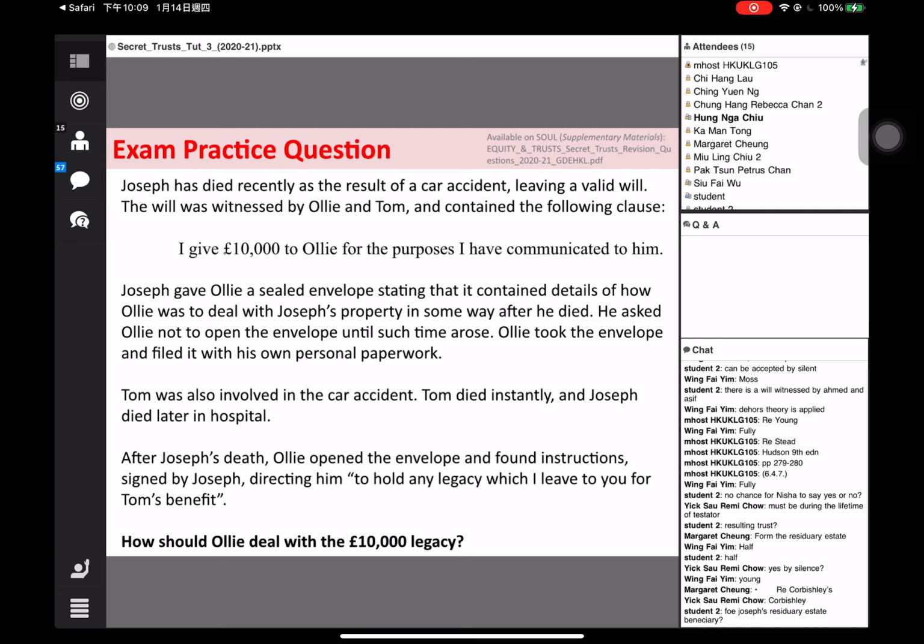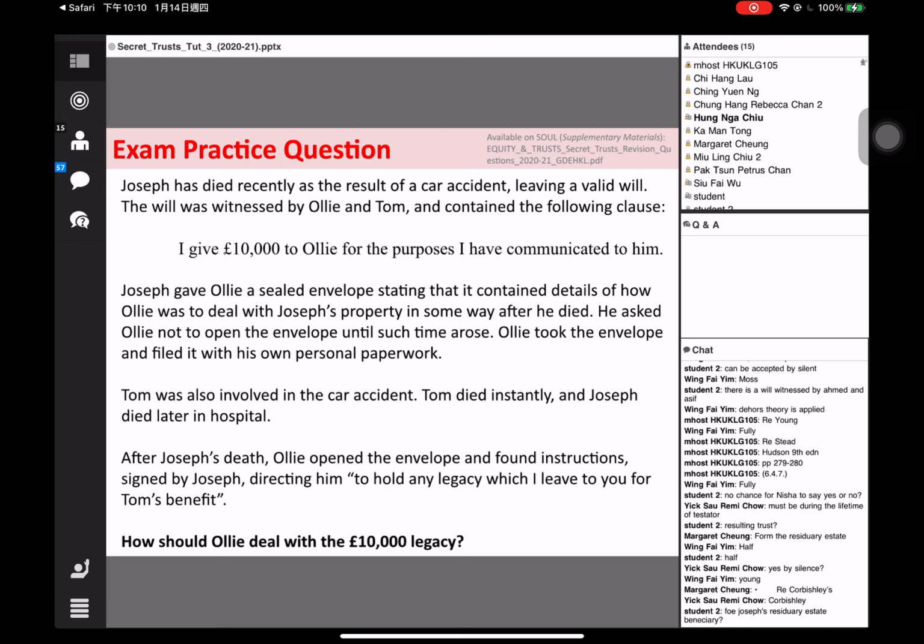So if the court refuses to follow Gardner, then Ollie cannot take it personally. He will hold this £10,000 on resulting trust for Joseph's estate, for the residuary estate.